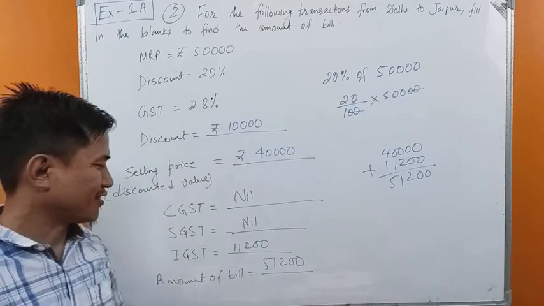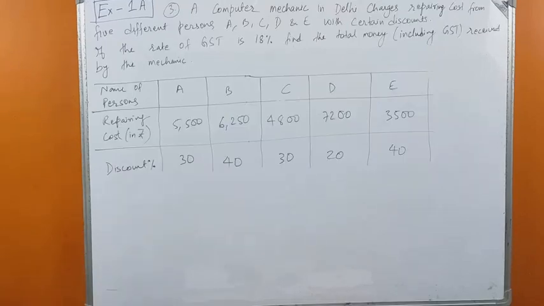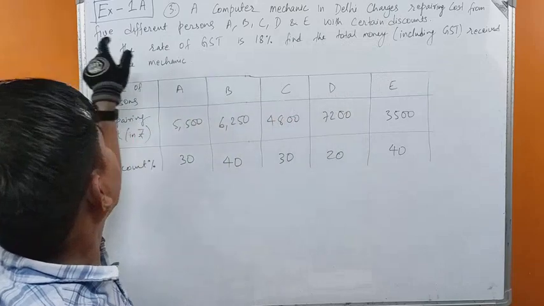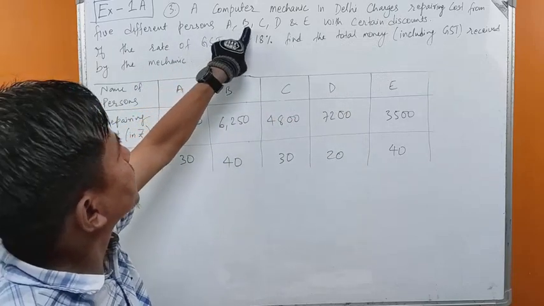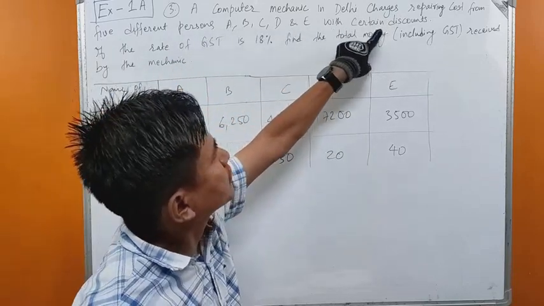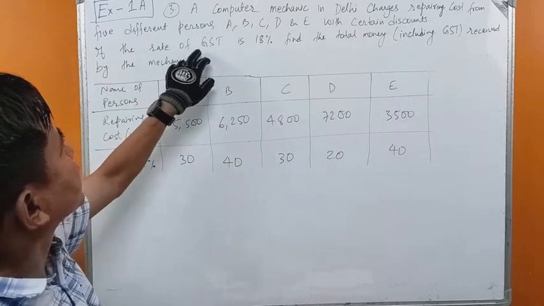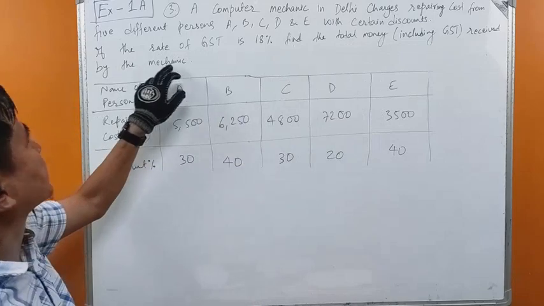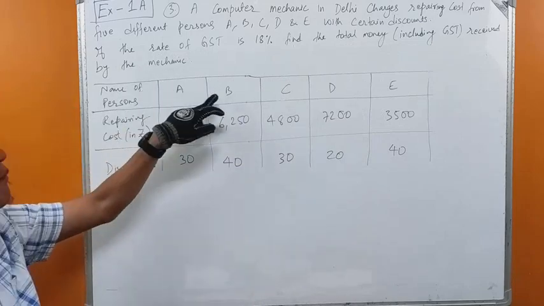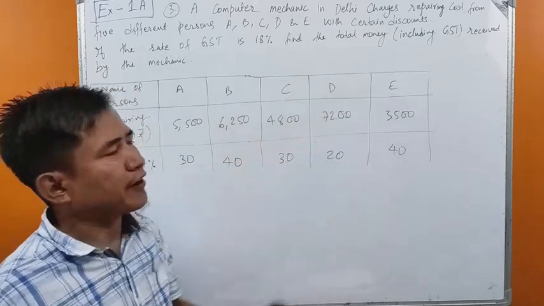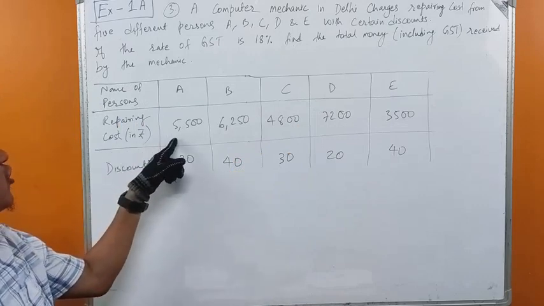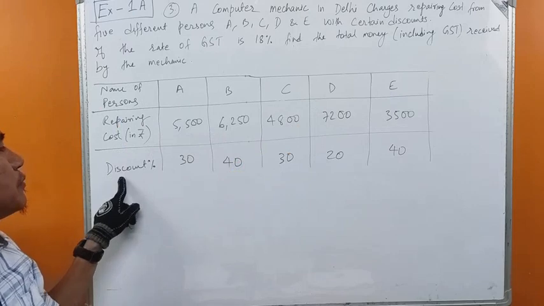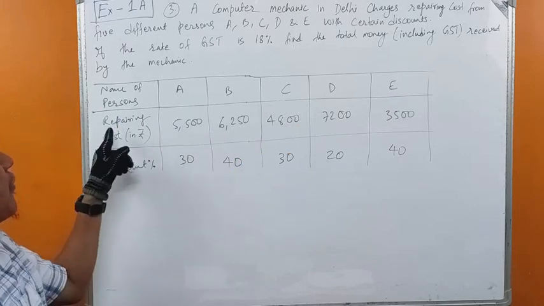Now let us do question number 3. A computer mechanic in Delhi charges repairing costs from 5 different persons A, B, C, D and E with certain discounts. If the rate of GST is 18%, find the total money including GST received by the mechanic. Repairing cost in rupees for A is 5,500, discount 30%.